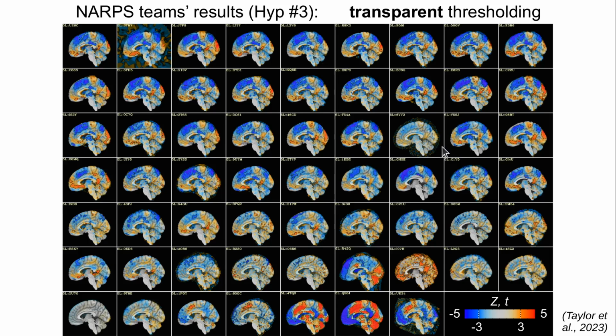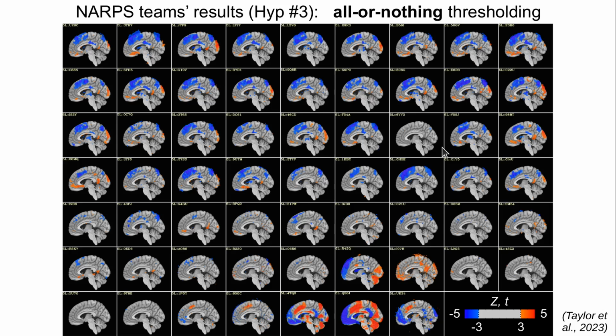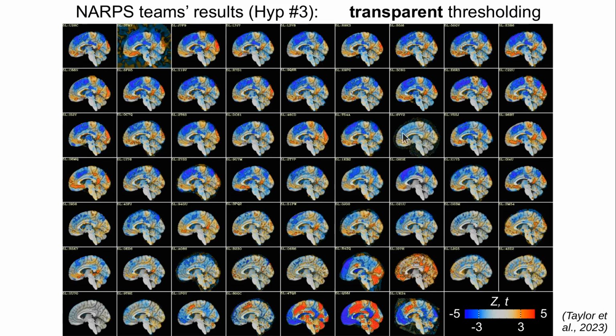It is a very different thing to say that the data disagree in their results and findings than that they agree just with different magnitude or size of response. So this is really the realm that we enter into in the different interpretations. Now, some of the data sets still do look very different. Actually, this set down here was something discussed in the original NARPS paper.